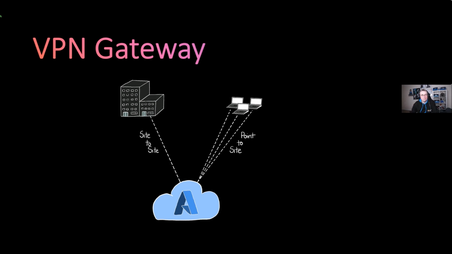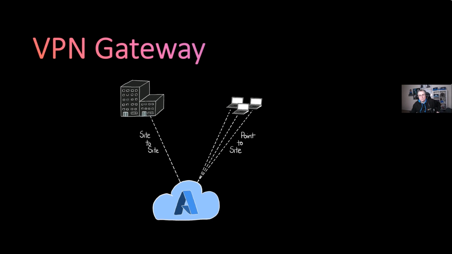So without the VPN gateway running, it would just not allow either of these types of connections. Within one VNet, you can only have one VPN gateway deployed at any one time, but you can deploy multiple locations to connect to that gateway.